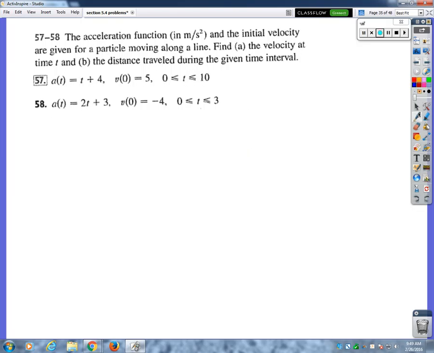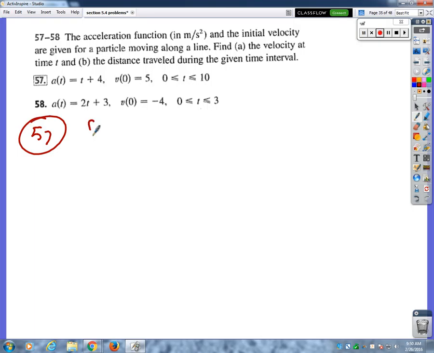Okay, so this time we're starting with the acceleration, and we want to figure out what the velocity is and then do all the same things we did in the other deal, okay? So if I have the acceleration, how do I find the velocity? Antiderivative, right?